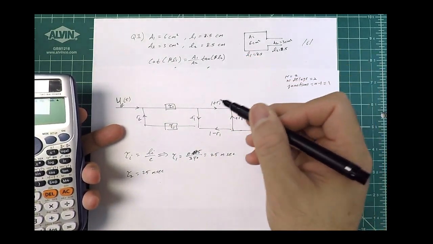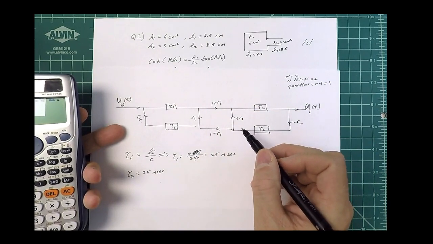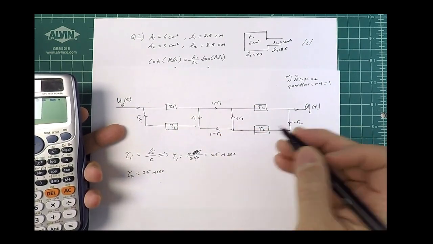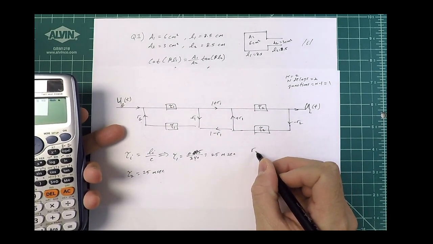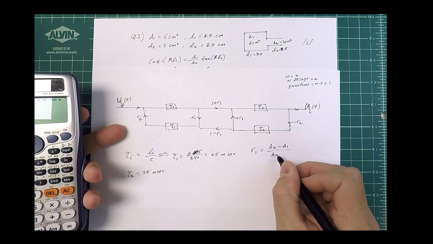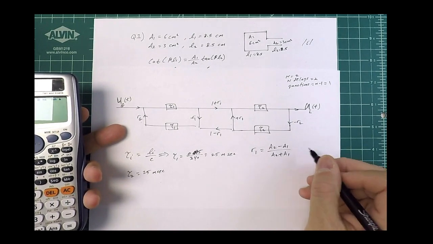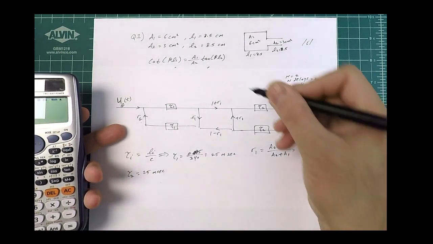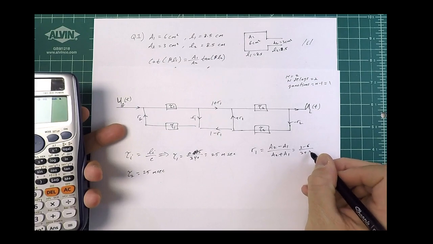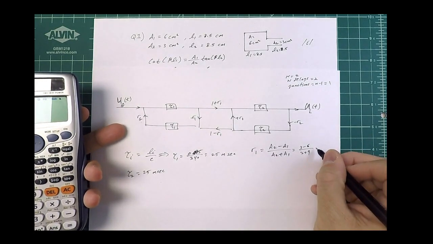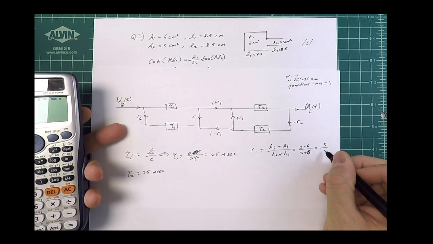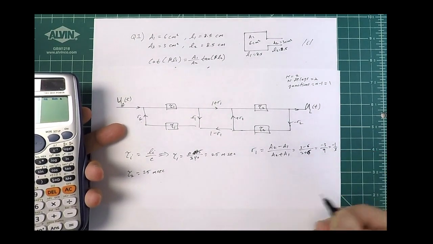Now we need to calculate R1, so we can calculate 1 plus R1 and 1 minus R1. R1 is going to equal A2 minus A1 over A2 plus A1, and this is going to equal 3 minus 6 over 3 plus 6, so minus 3 over 9, which equals minus 1/3.